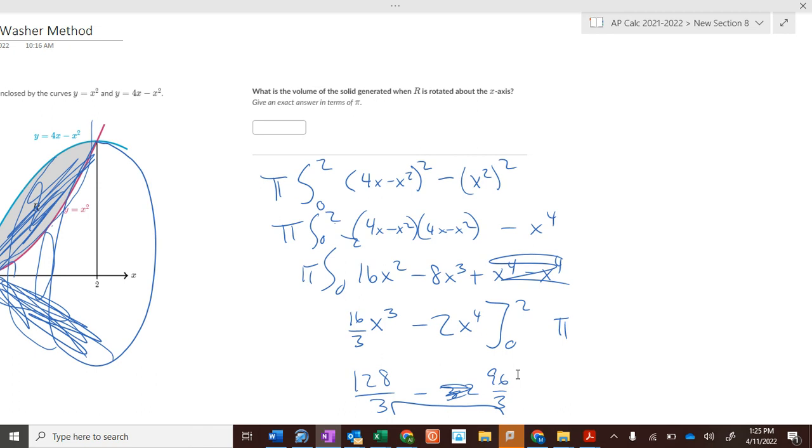Equilateral triangles. Okay, so if they're equilateral triangles and it's perpendicular to what axis? But I couldn't figure out how to. Perpendicular to the y-axis. So an equilateral triangle looks like this. The height of it is square root of 3 over 2 times the base.